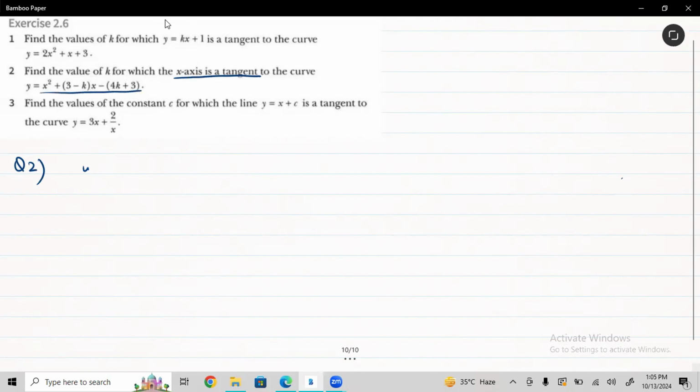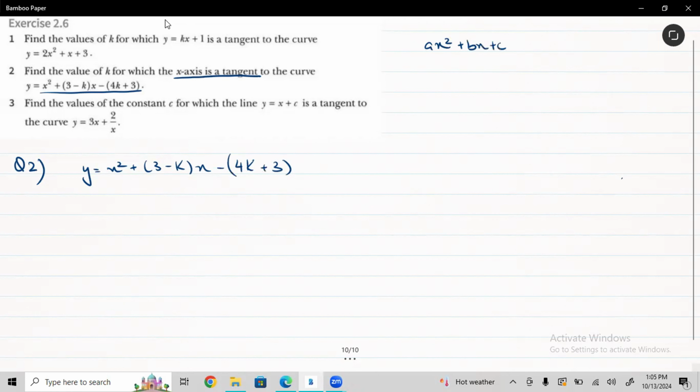So again, we have a quadratic equation: y is equal to x squared plus (3 minus k)x minus (4k plus 3) as a whole. What I prefer to do first of all is turn this into the general form of the quadratic equation, which is ax squared plus bx plus c.